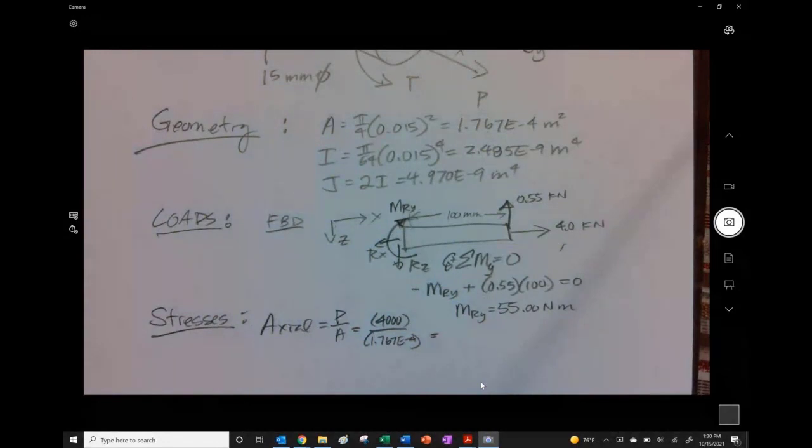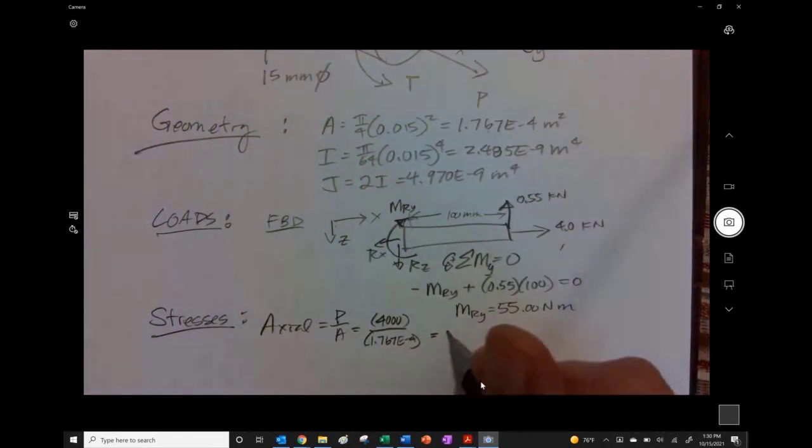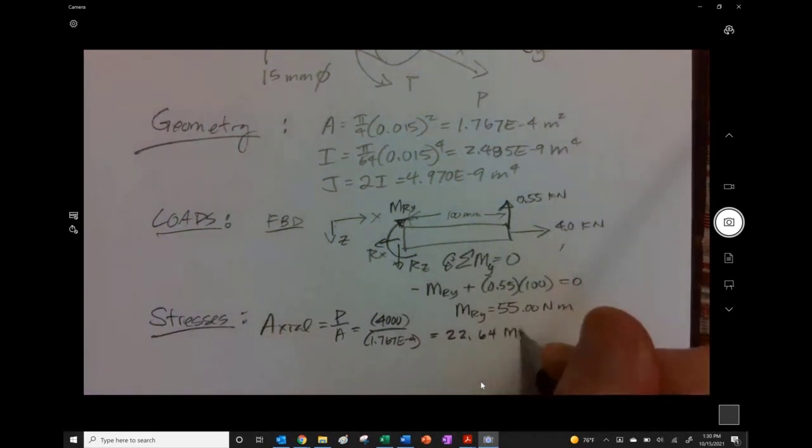Going for speed now. Going for speed. That's not a good idea. That's not good learning. Learning doesn't take place just because you go fast, right? I get 22.64 megapascals in tension.